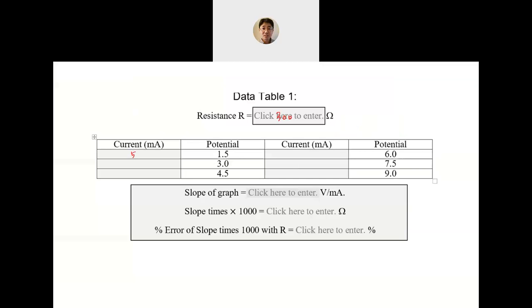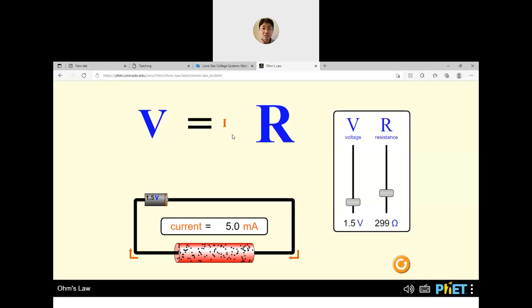Then what about when we set 3 volt? You can see here, 3 volt. In the 3 volt case, it is 10 milliampere.